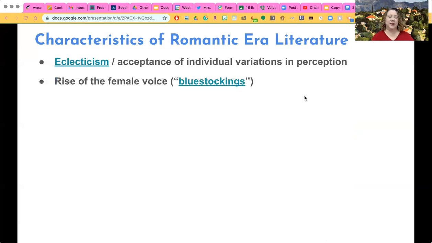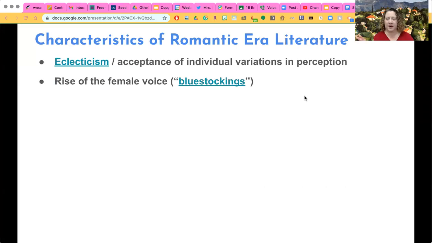Also, we have in literature during this time period the rise of the female voice. We'll read one poet and one essayist during this unit that start to talk about female issues in terms of representation. This is sort of where we get the genesis of the suffrage movement, and the female voice is starting to come through.